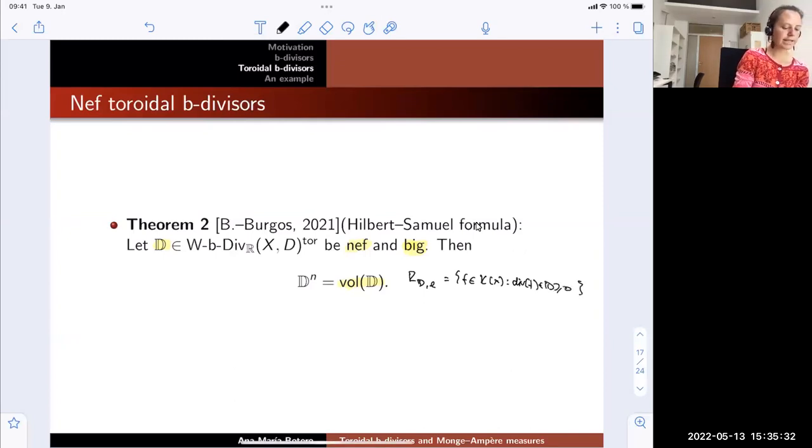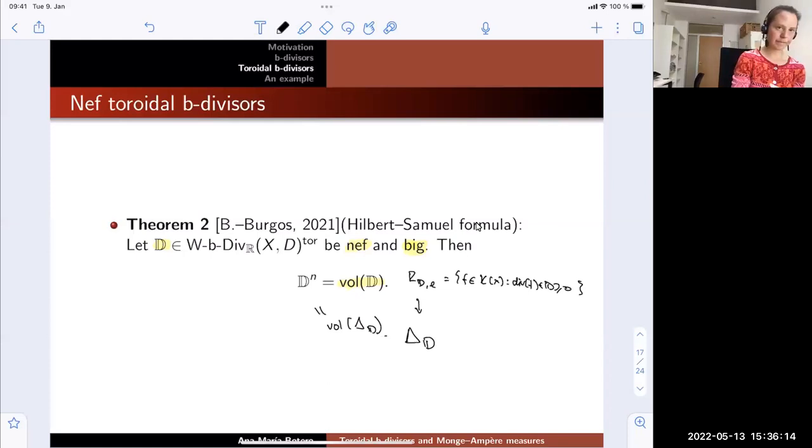This gives you a graded linear series, and it has the property of being of almost integral type, which means that it is contained in something that is finitely generated. And then the theory of concave bodies gives you a concave body associated to this graded linear series. You also define the volume of the b-divisor as the volume of this graded linear series, and this is the same as the volume of the concave body.